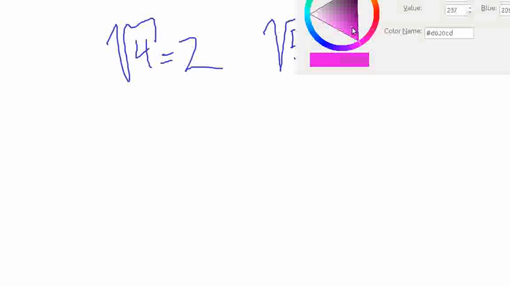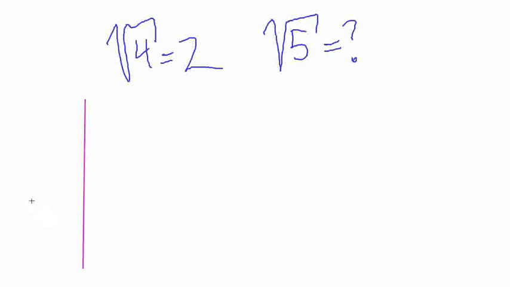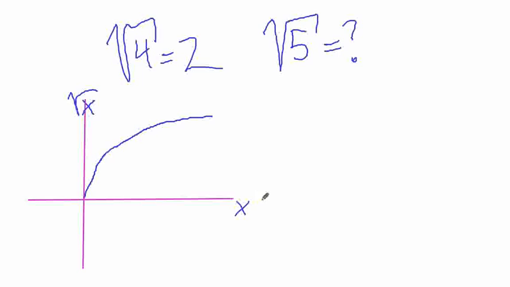Let's make a sketch of the square root function. You should know the general shape of what it looks like. We know that the function goes through the point (4, 2), so we have this red dot all taken care of.